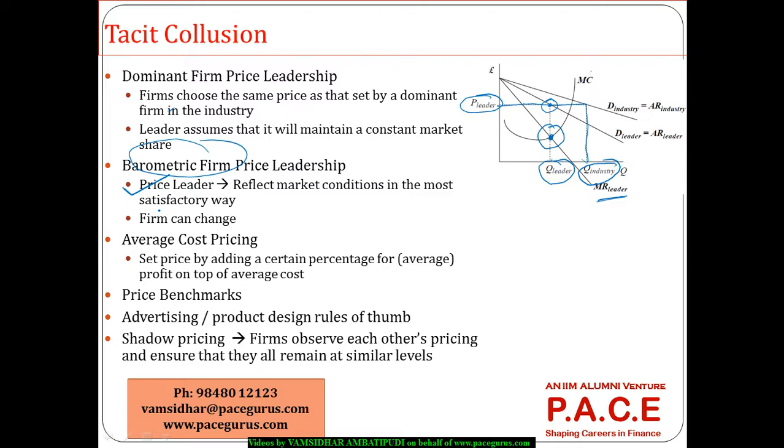But of course, at different points in time, the leader could change depending on who has adapted apt to the market scenario. In some cases, this could be done through the average cost pricing mechanism, where the price is set just some percentage above the average cost. And in some cases, we can have a price benchmark.